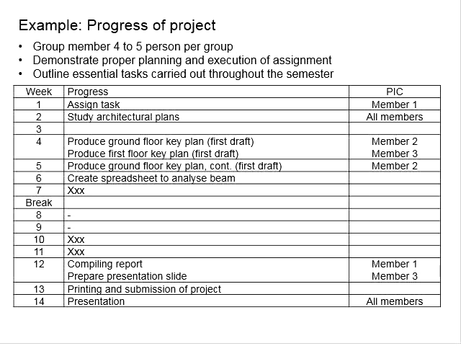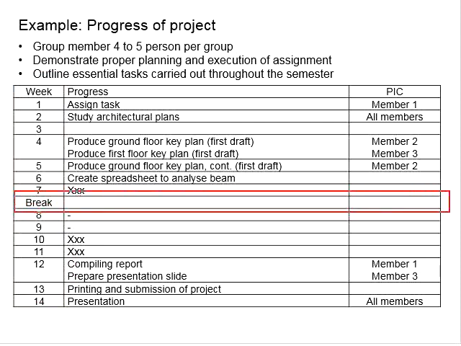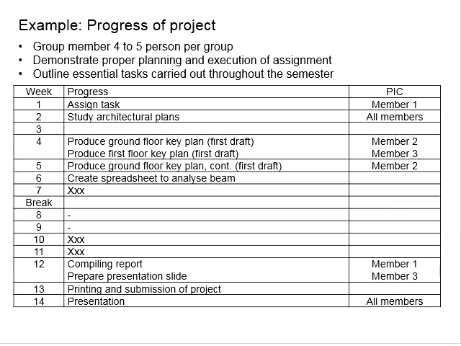You can actually create a table something like this, defined by the week of the studies, which in one semester there are 14 weeks, and there will be a semester break somewhere between week 7 and week 8. The second column is for you to write your progress to demonstrate the progression of your assignment.